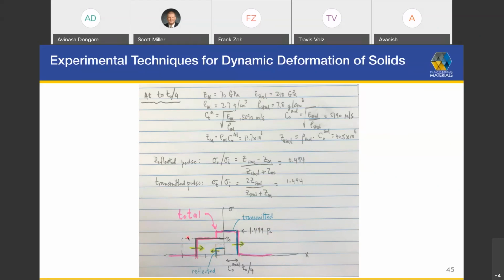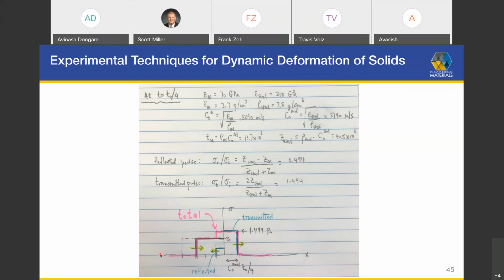In the aluminum, however, we now have two different stresses we need to consider. This is the incident stress, and now we have the reflected stress. And so we have to add the two of those together to get the total stress. When we do that, we get this pink line here, steps down to P naught or sigma I, goes across, down, and across.